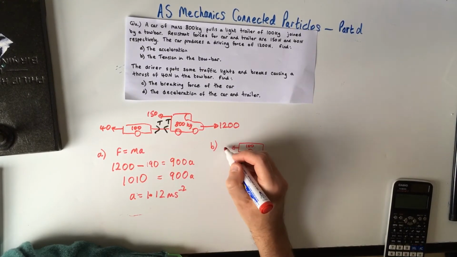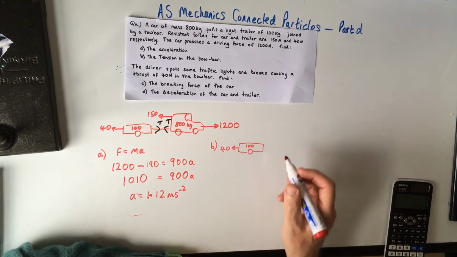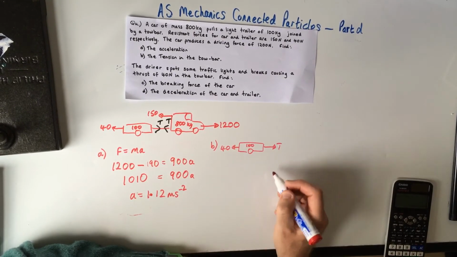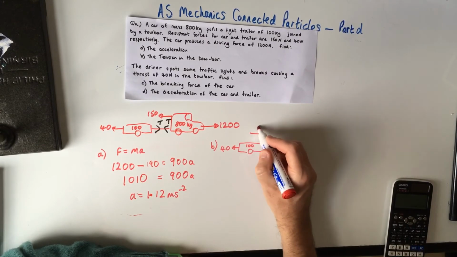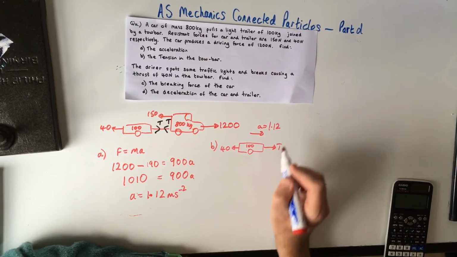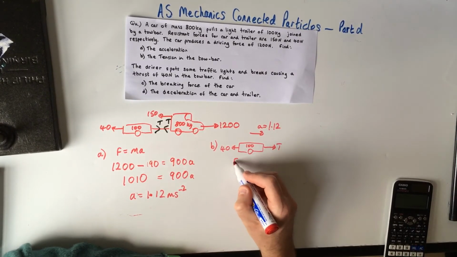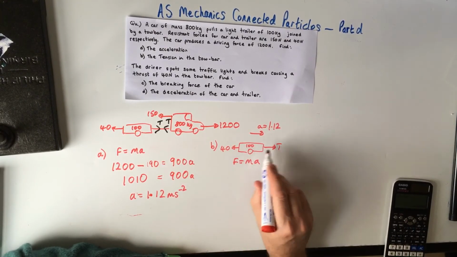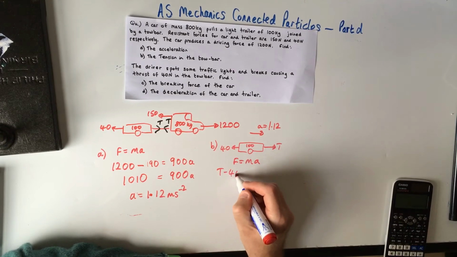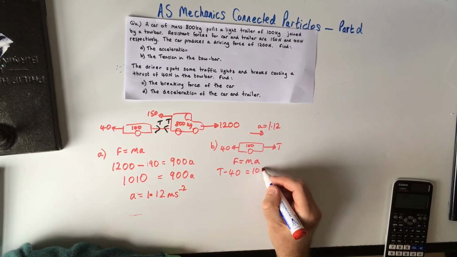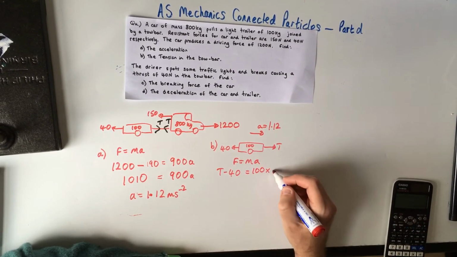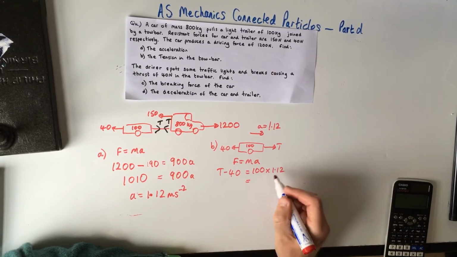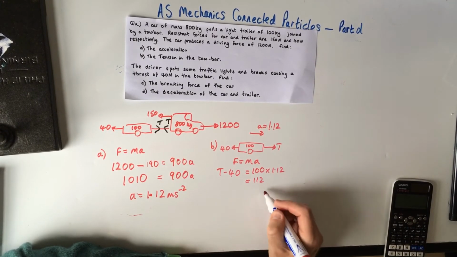We've got 40 newtons acting that way, and we've got the tension that's actually pulling it. But now we know, crucially, that it's got an acceleration of 1.12. So we can apply F equals ma. The net force is going that way, so it's that take away that. So T minus 40 is equal to the mass, 100, times the acceleration, 1.12. So that's 112.